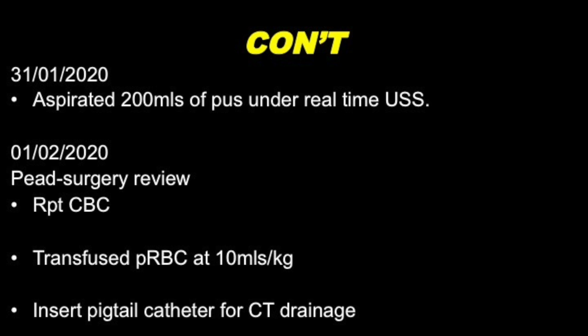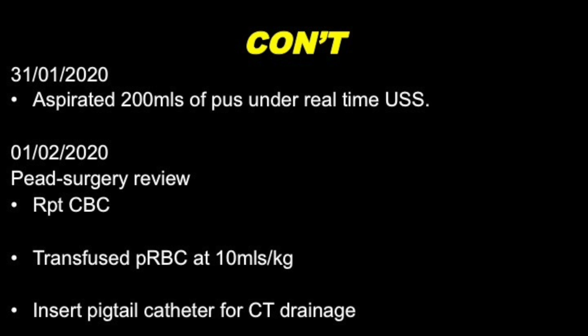And then now on the 1st, the surgical team came and they said we repeat the CBCs, which generally were on the normal side except for the HB that was on the lower side. After the CBC was repeated, the HB was at 7.7. So the pediatric surgery team requested that we transfuse, because again we were supposed to repeat another aspirate.